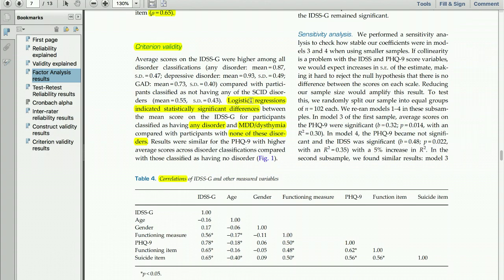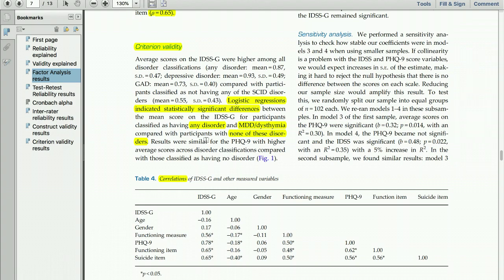And so what they did is logistic regressions to see if there was a significant difference between folks who took the test who did actually have a disorder, MDD, which is major depressive disorder, dysthymia, which is another type of depression disorder, or no disorder at all. And what they found is that there was a significant difference between people who had a depression disorder or any disorder and no disorder at all, which means that this scale has good criterion validity.